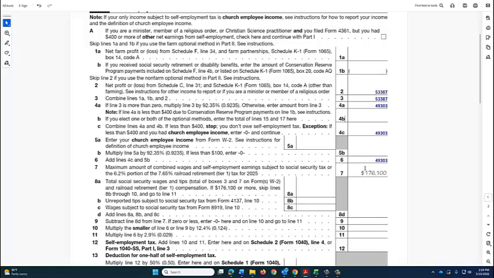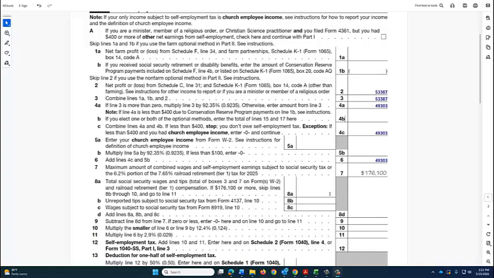On line 7, we have a figure entered. That's our Social Security limit. And on 8A, we're going to total Social Security wages and tips. Total of boxes 3 and 7 on forms W-2.